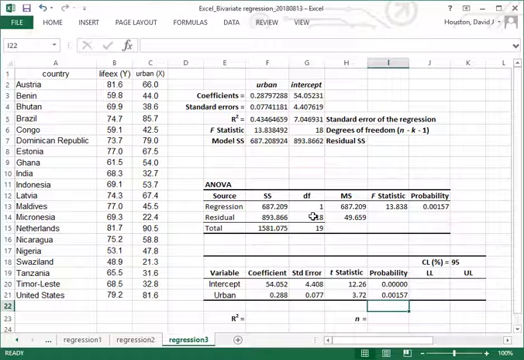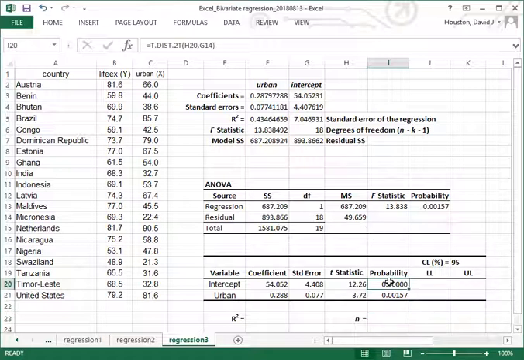There's no relationship between urbanization and life expectancy, which is a very low likelihood. So we would reject the null hypothesis that this sample comes from a population where the coefficient is actually equal to 0 in the population, and instead conclude that this coefficient is statistically different from 0.